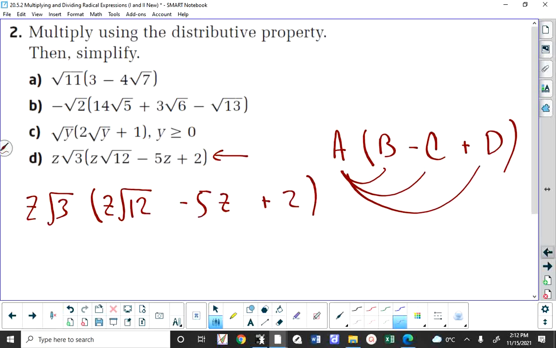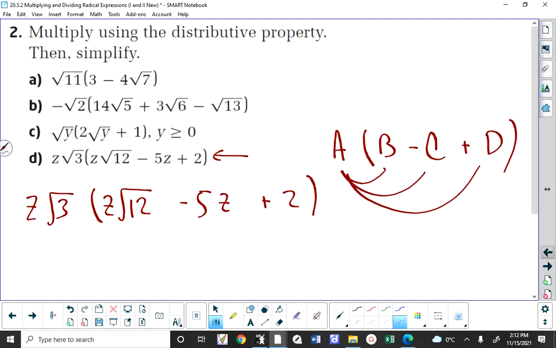Now, Kendra pointed out in an example, I believe, on Wednesday, that sometimes you can simplify stuff first before you multiply it out. Was that you? Yeah. And sometimes it's quicker one way, and sometimes it's quicker the other way. I do have a root 12 here. And root 12 can be simplified. So then you have to make a decision.